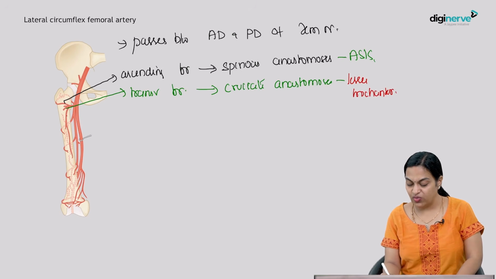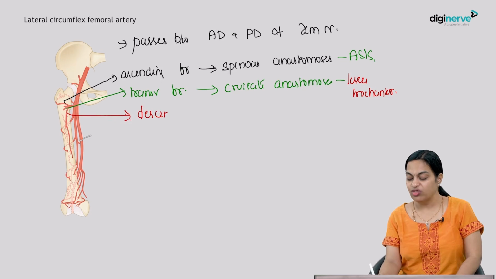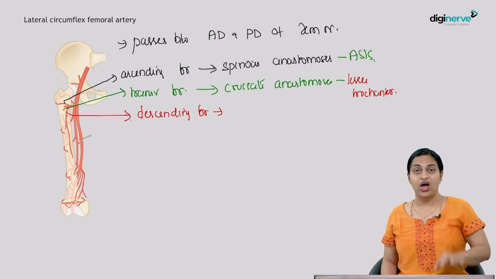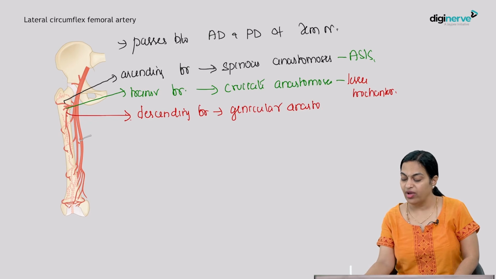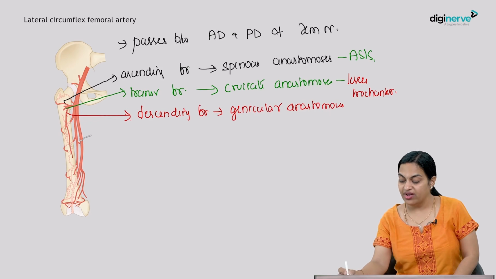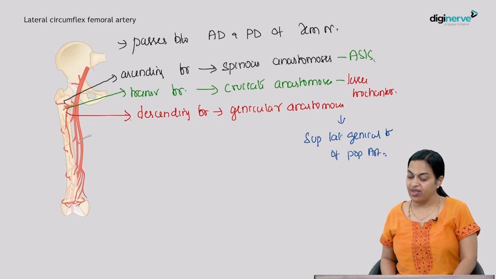And this one here, another branch, the descending branch of lateral circumflex femoral, will go down, okay? It will contribute to the genicular anastomosis around the knee joint by anastomosing with, yes, the supralateral genicular branch of popliteal artery, okay?